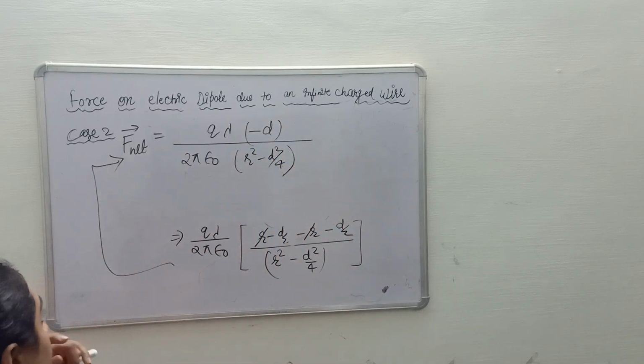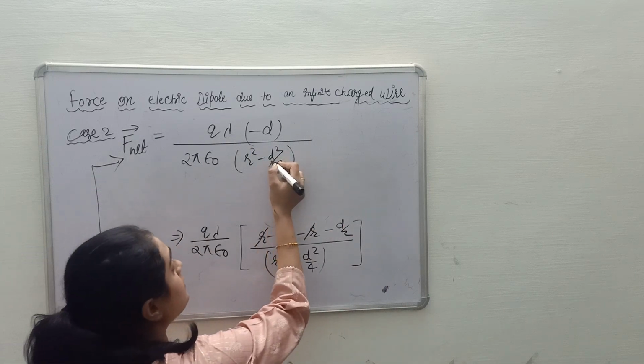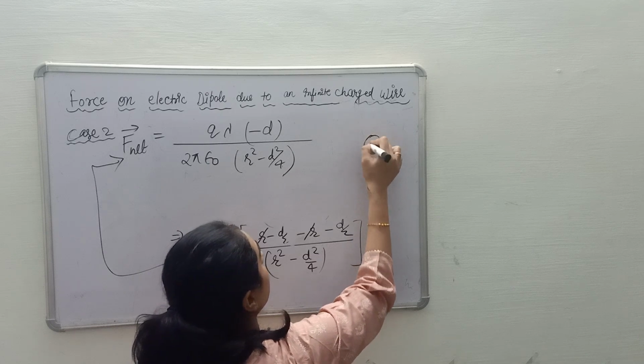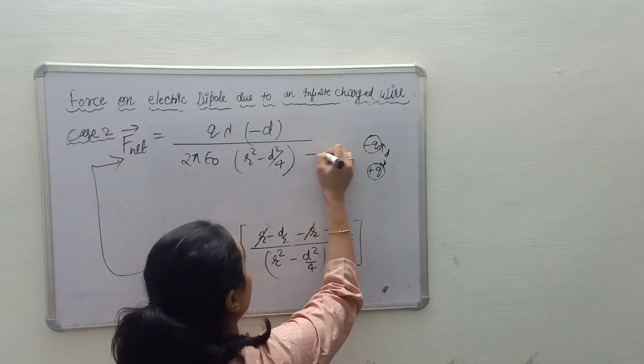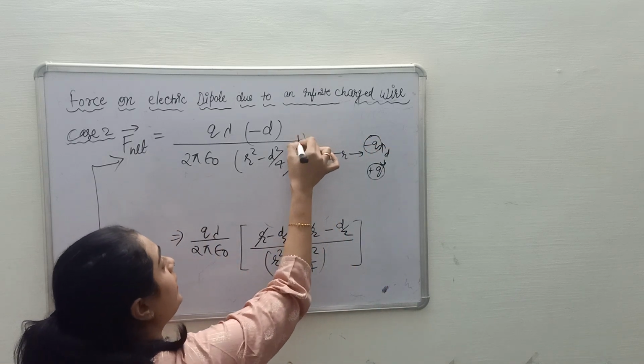So here the approximation: the dipole is a combination of equal and opposite charges, so the distance between them is very small as compared to the distance r from the infinite wire, right?